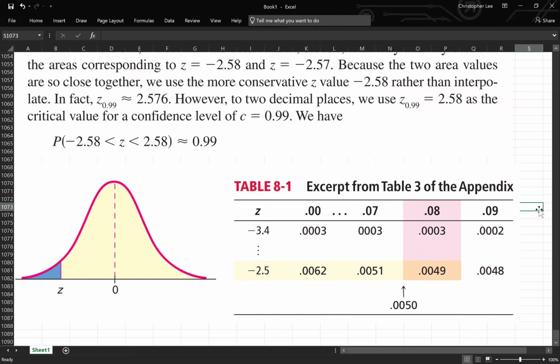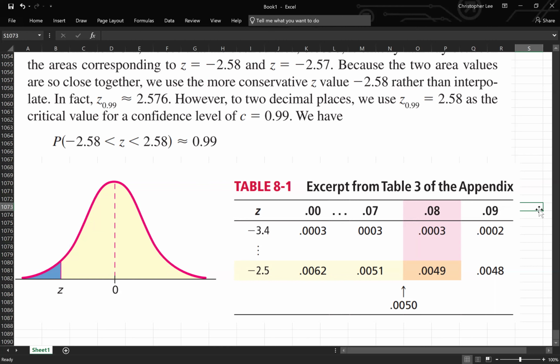And more often than not, it's going to be in between two numbers. In this case, it's in between 0.0051 and 0.0049. Now, 0.0051 is negative 2.57, and 0.0049 is negative 2.58. That's where they get both of those numbers from.